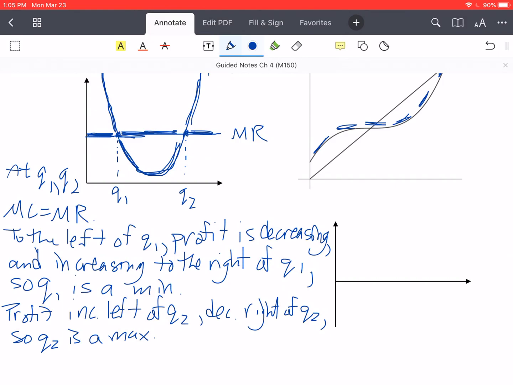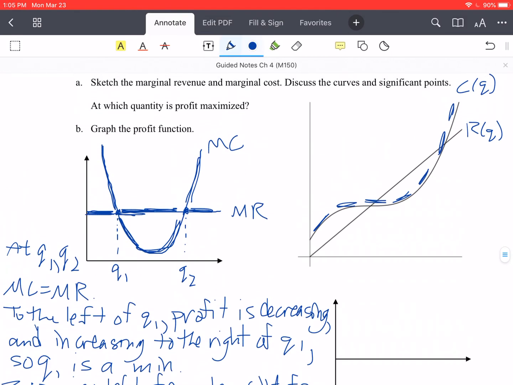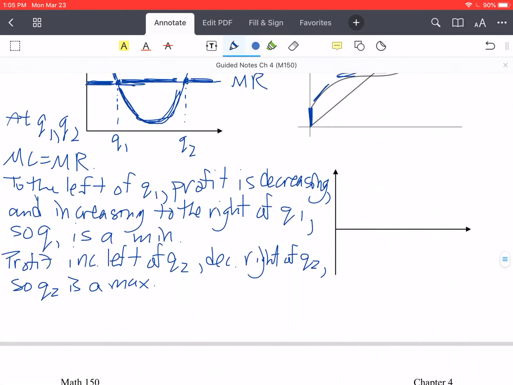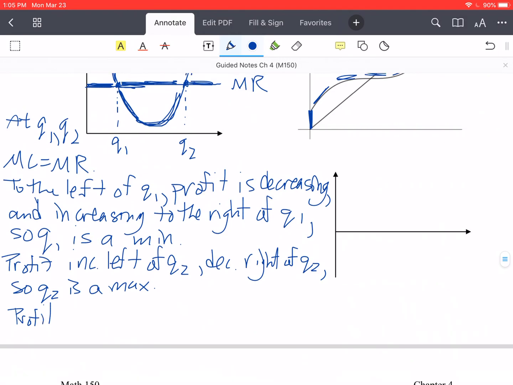So then we wonder, is this the global maximum value? Well, if we look at the endpoints, just by looking at the original graph, cost is greater than revenue at both endpoints, which means that profit has to be negative, right? So profit is negative at the endpoints.